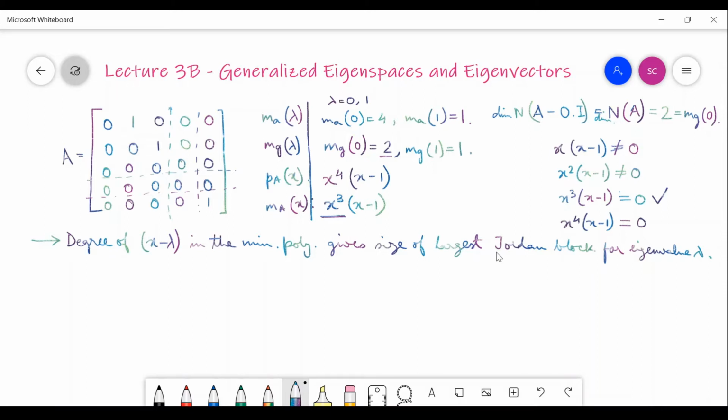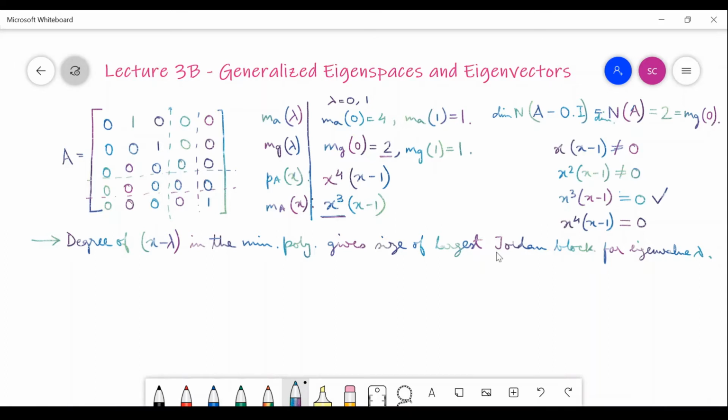From here we can draw some conclusions. Very definitely we can say that when the geometric multiplicity of an eigenvalue is more than 1, the degree of x minus lambda in the minimal polynomial will be lesser than that in the characteristic polynomial.